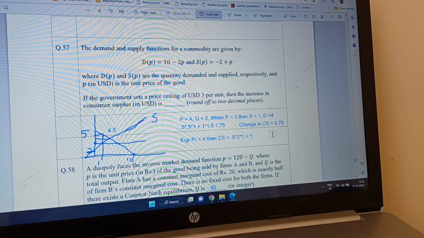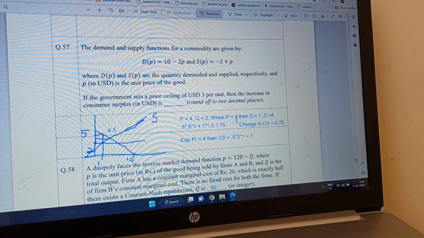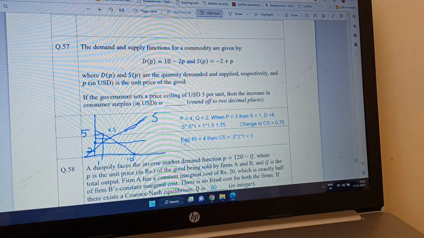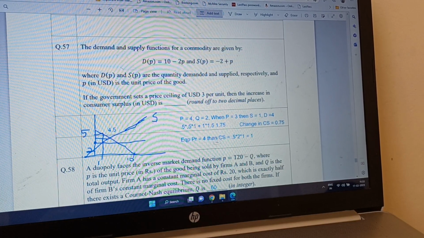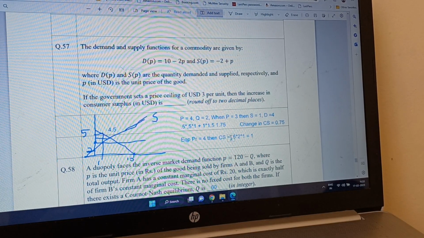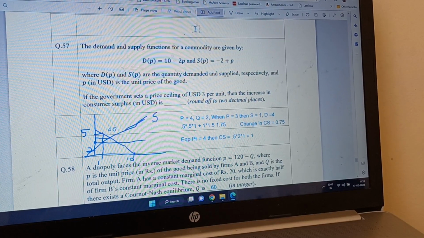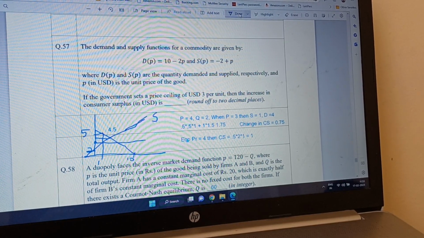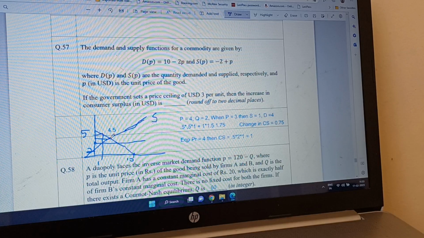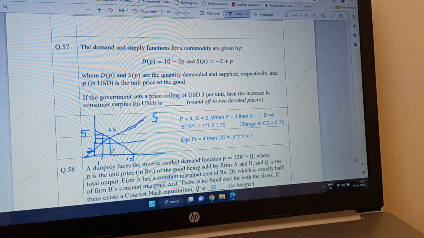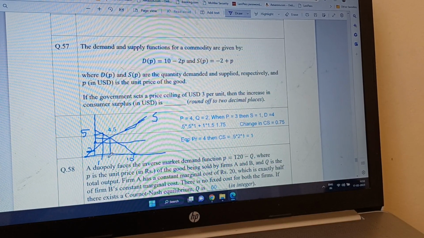So what would be the consumer surplus when P is equal to 4? When the equilibrium price is equal to 4, the quantity demanded is 2. So I draw this line, and from here to here it is 2.